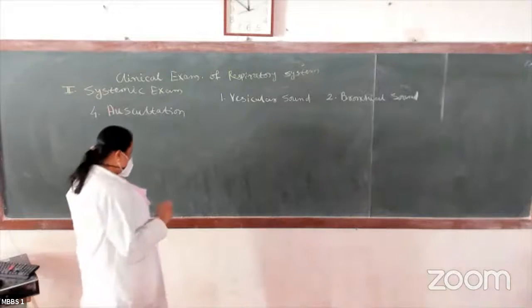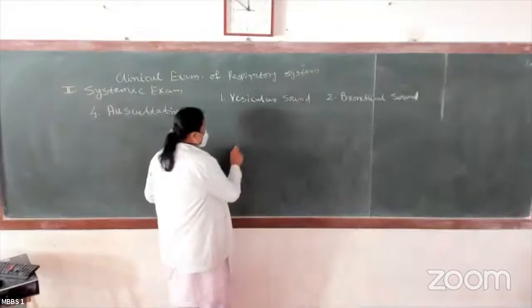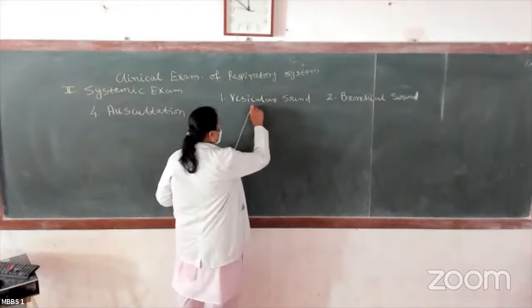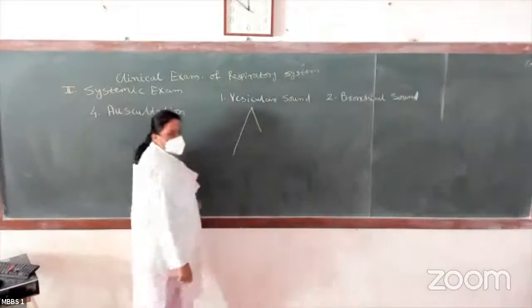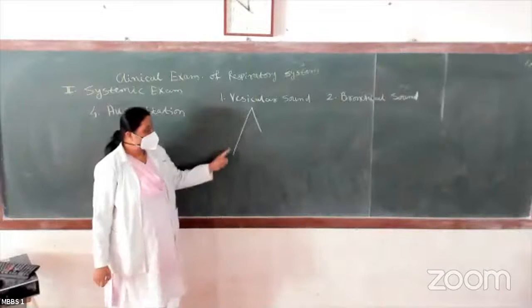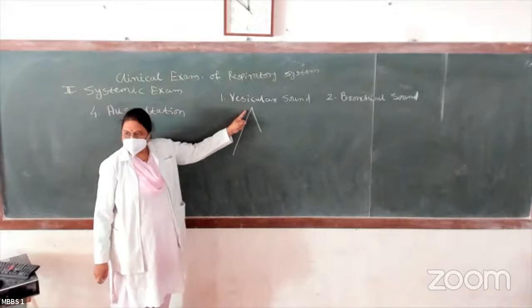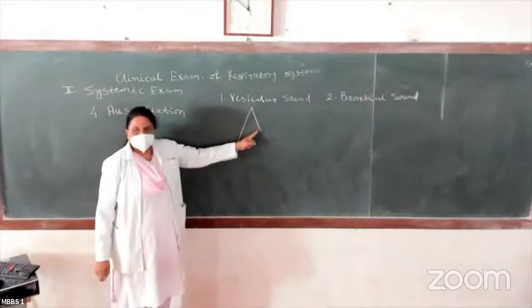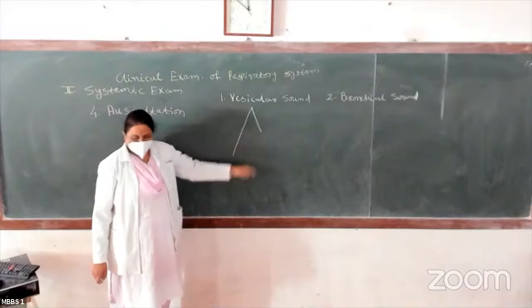Vesicular sound is like the rustling of the leaves. The inspiratory phase is longer and the expiratory phase is shorter. For the vesicular sound, inspiration is longer as compared to expiration, and there is no gap between them; it is continuous.